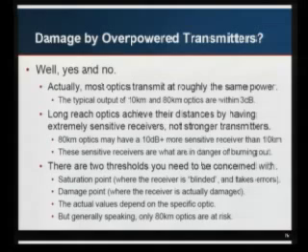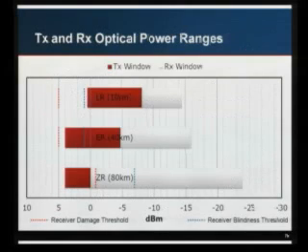It depends on specific optics, but I kind of went through some vendors and pulled out some standard ranges. And basically what I'm showing here is the difference between a 10 kilometer, a 40 kilometer, and 80 kilometer optic. The red shows the range of values that are acceptable for transmit.